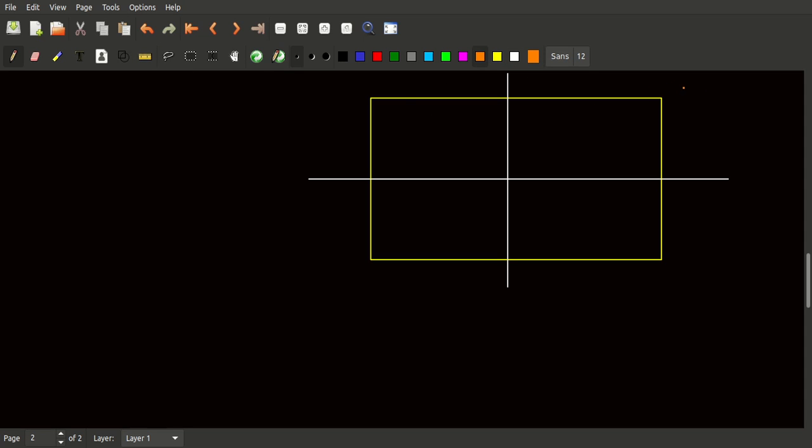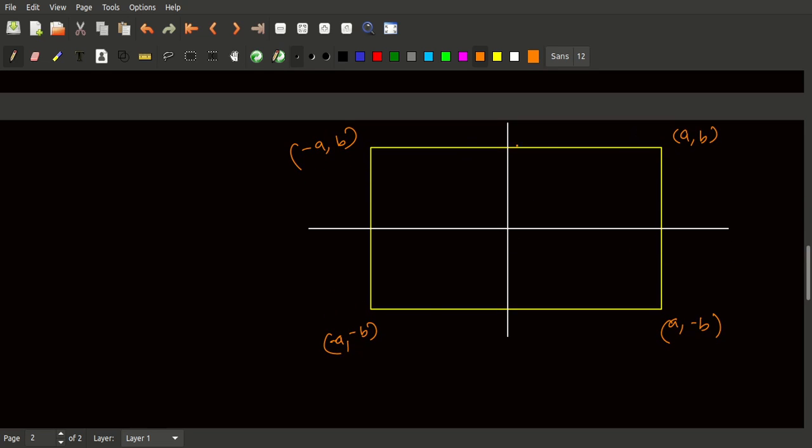We have been given that it is 2a along the x-axis, which means from minus a to a here, and 2b along the y-axis. These are the coordinates. Now we have to follow this clockwise path. This should be the path of the integration.